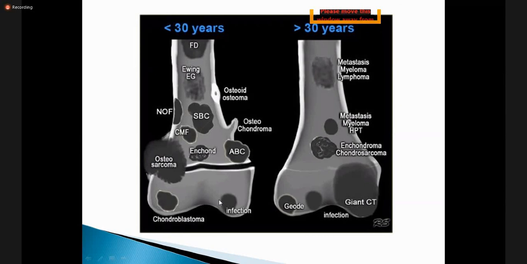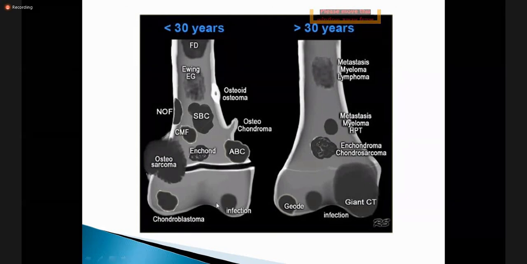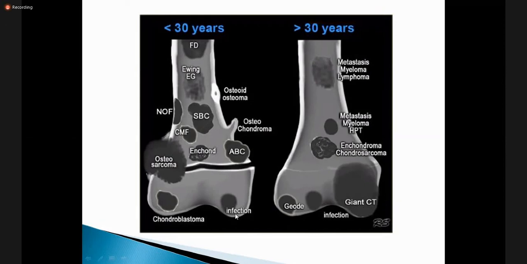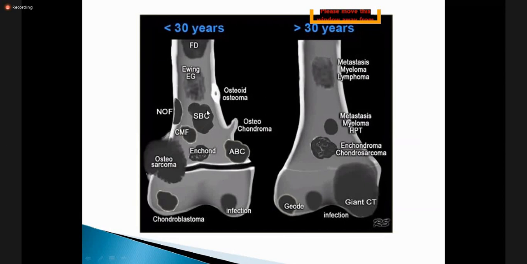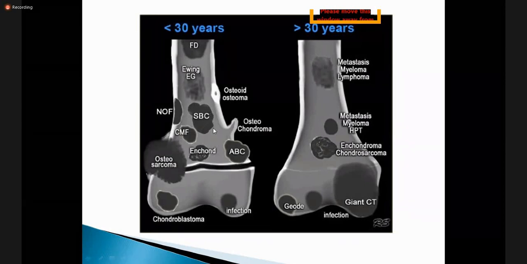In the epiphysis, only a few tumors involve it, like chondroblastoma or any infection. Infection is not a tumor, but it comes in the differential diagnosis of tumors most of the time. So infection usually involves the epiphysis in a young age. In a little bit older age, it may involve the metaphysis.